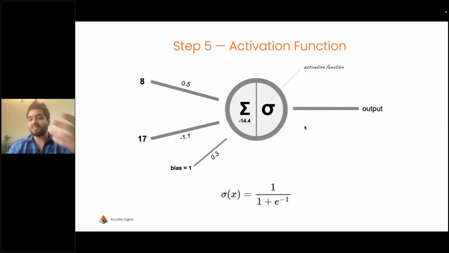For example, if my sum is minus 14.4, an activation function like this will transform this number into something between 0 and 1, and that helps us play around with the values.